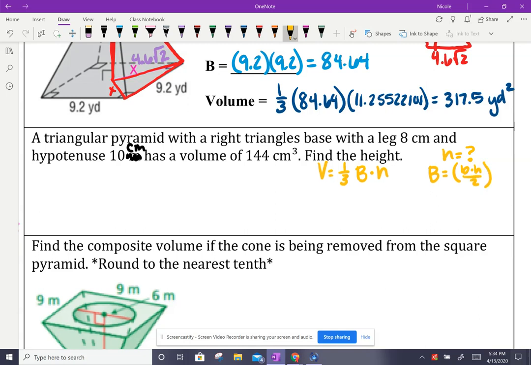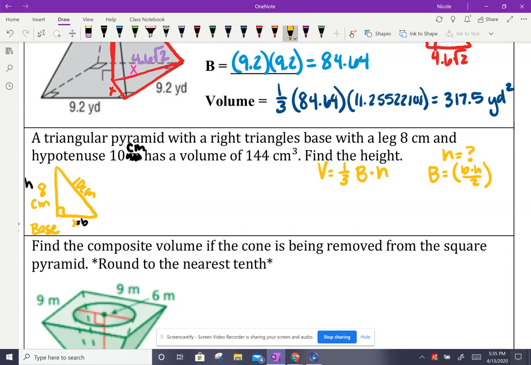Our base is a right triangle with a leg of 8 centimeters and a hypotenuse of 10 centimeters, and I need to find the other leg, because one of these is going to be the height and this is going to be our little b.